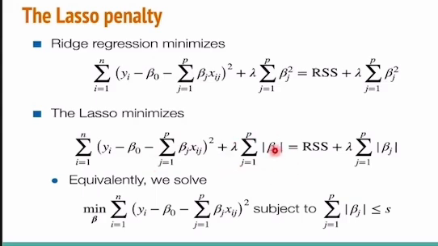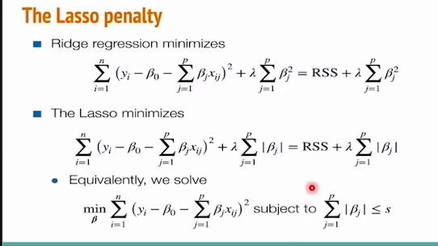What is the difference between the ridge penalty and the lasso penalty? One involves a square, the other involves the absolute value. That is the difference. And of course, under a lasso penalty, we're also going to consider what I call constrained optimization, where we expect the sum of the absolute values of beta j to be less than or equal to s.